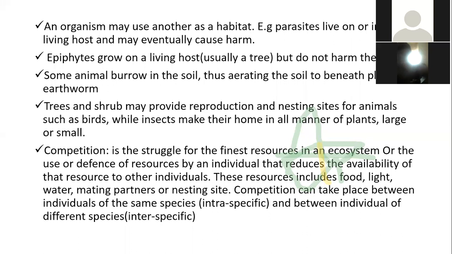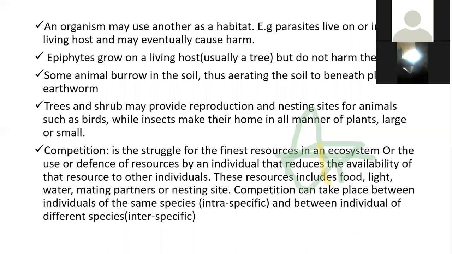Now, this competition comes in two folds. When this competition takes place between individuals of the same species, it is called intra-specific competition. So, competition that takes place within the same species. If it's competition amongst, let me use sheep, that is what we call intra-specific competition.